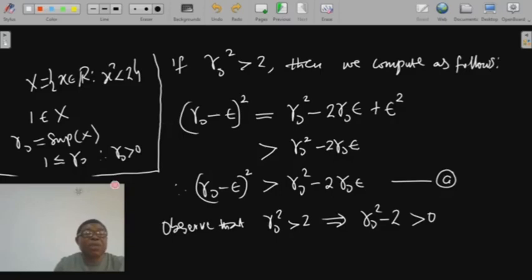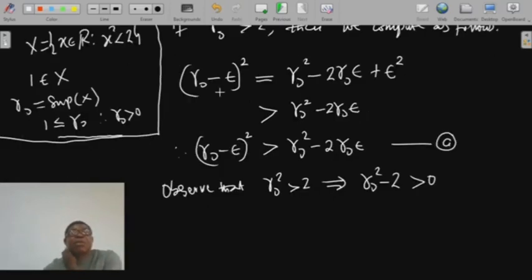So this is a fact that we'll make use of right now. So how do we use it? To make use of it, observe here that we have 2 gamma naught. And I've already gotten that gamma naught squared minus 2 is bigger than 0 on the assumption that gamma naught squared is bigger than 2.